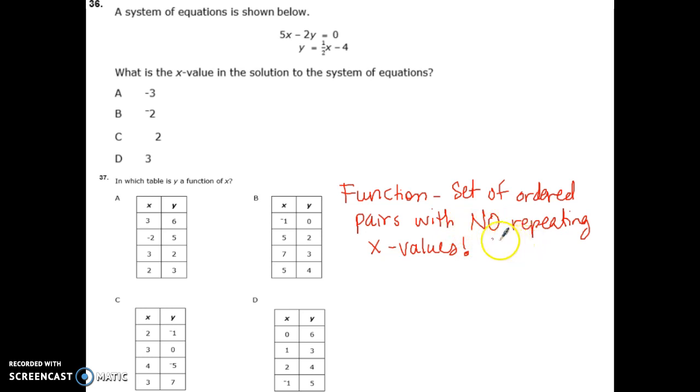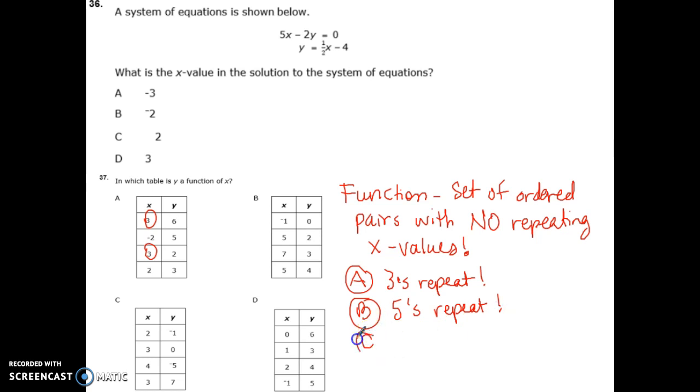All right, in which table is y a function of x? So let's look at the table. So A, do we have any repeating x values? Yes, we do. 3's repeat. What about B? 5's repeat.